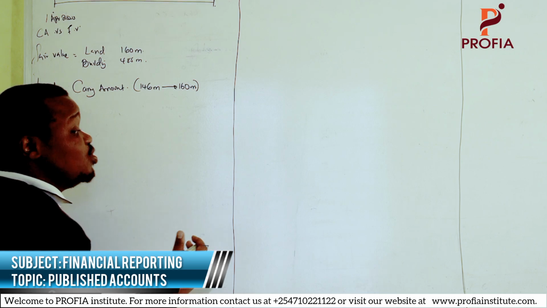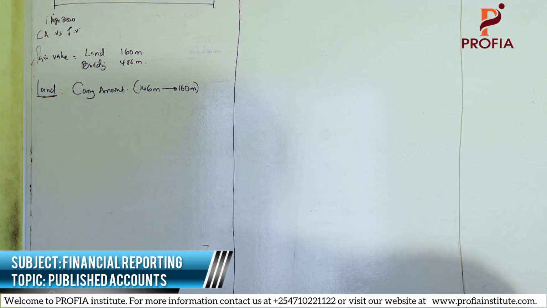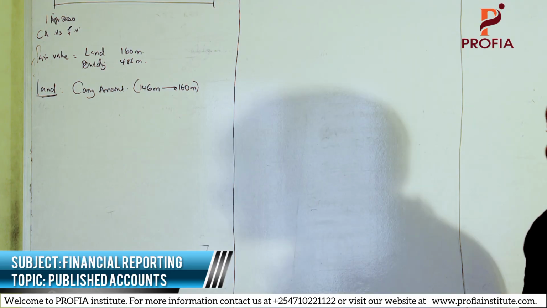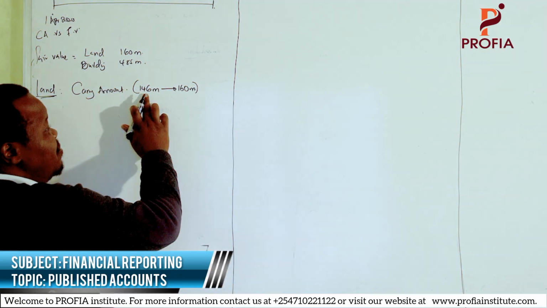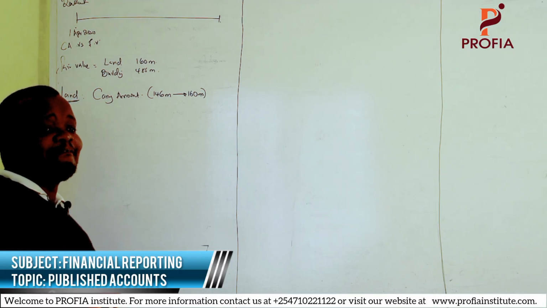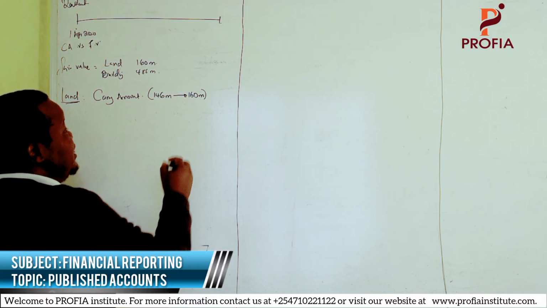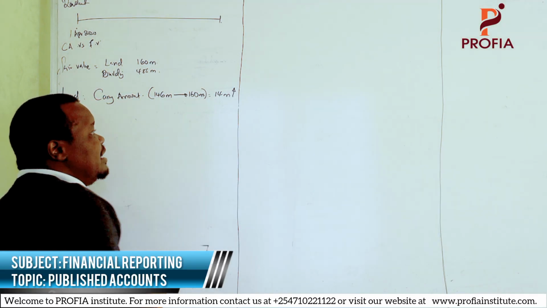We know land is not depreciated, so the cost is the same as the carrying amount as at that date. So what was the increase? It is increasing from 146 to 160, which is 14.